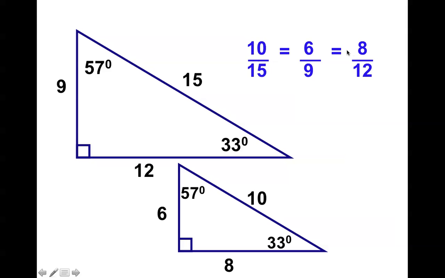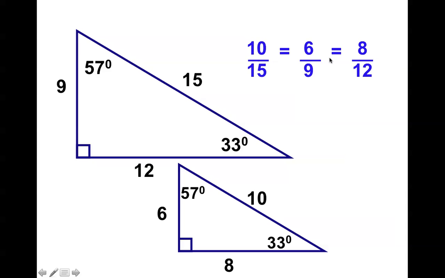These are all my large triangle numbers, 15, 9, 12. Notice that the two hypotenuses correspond, so they are numerator-denominator, and our two shortest sides correspond, and the medium sides correspond. Do they all look like they equal each other? Proportional means these fractions will equal each other.